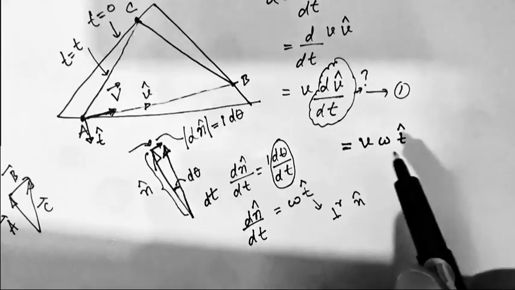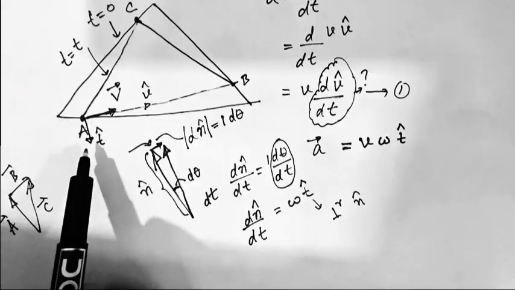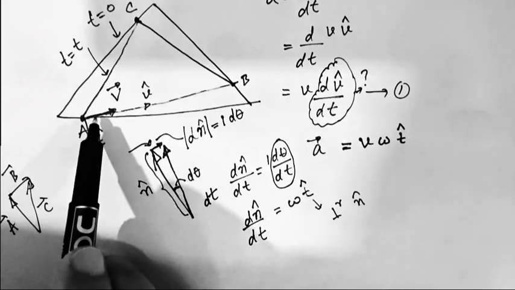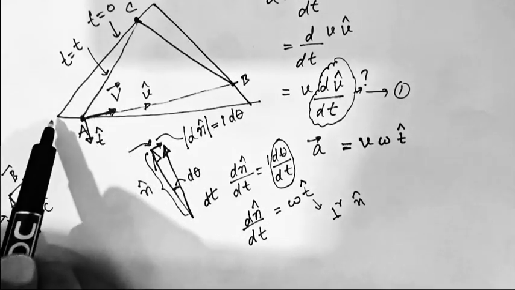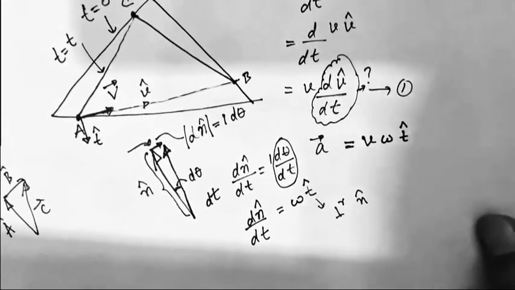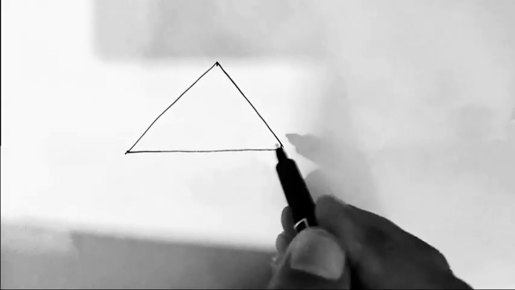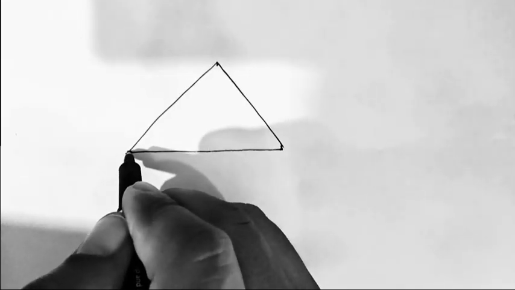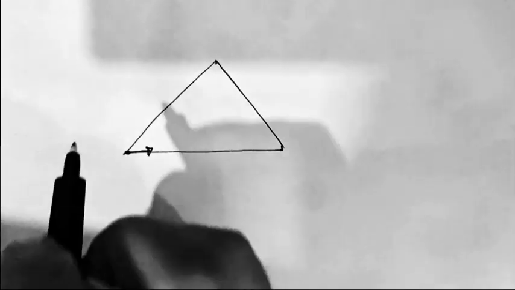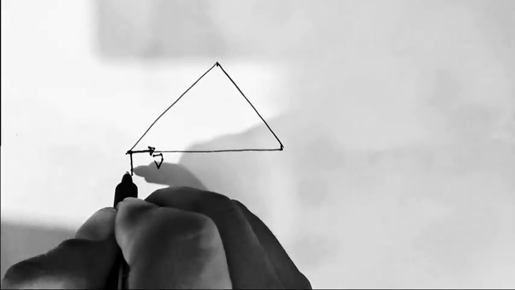So your acceleration vector, remember, is in what direction? Perpendicular to v bar. Remember, instantaneously, because this v bar will keep changing. Right now v bar was here, that time your acceleration was here. Okay, let me try to show this in a different page. So if this is your triangle, then initially velocity of particle A is this side, isn't it? This was your v bar. So acceleration will be along this direction.